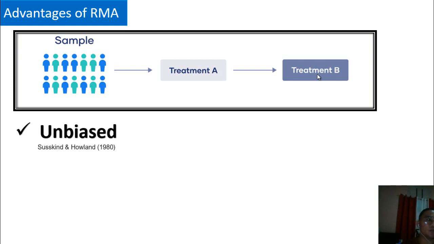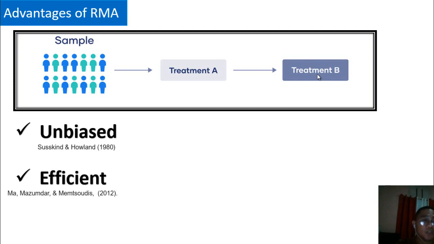But if you have the repeated measures, that means you do a series of observations, and that becomes unbiased. When there is consistency of the result, then that is really consistent, that is effective.